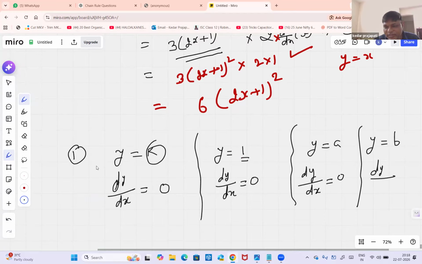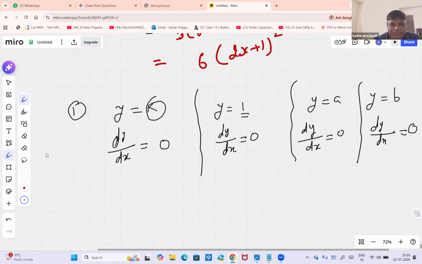Here dy by dx, can we find the rate of change of y with respect to x? No. It will be 0. It means y will change only if k changes.